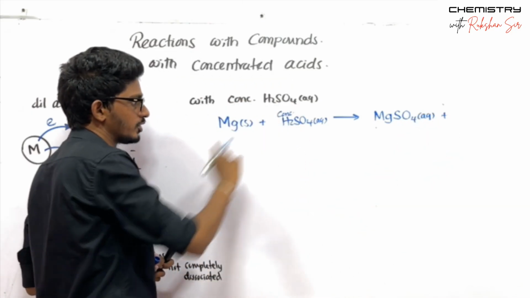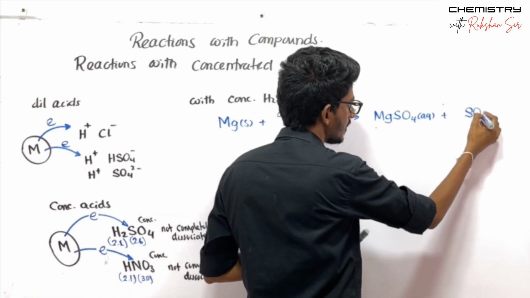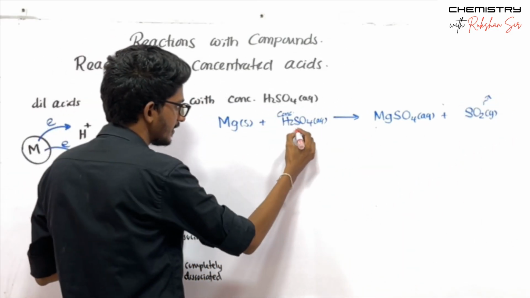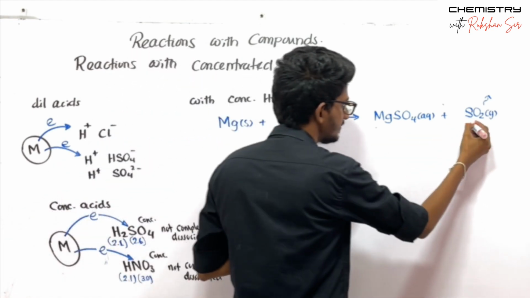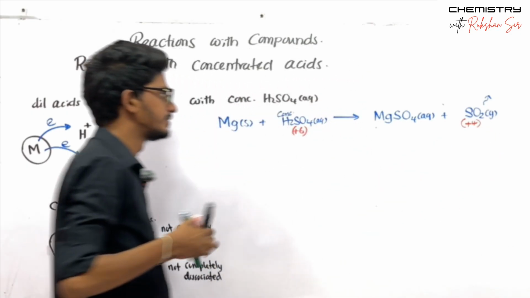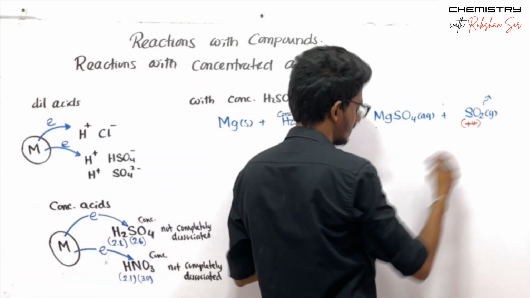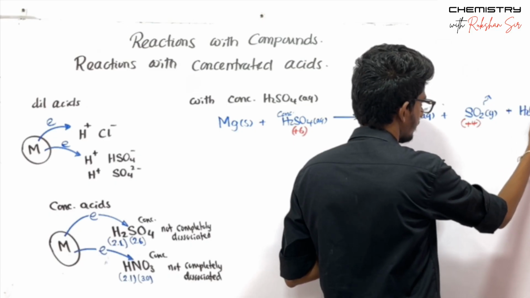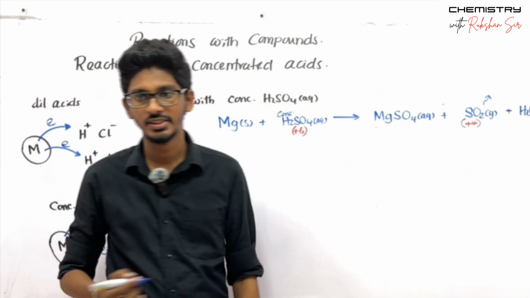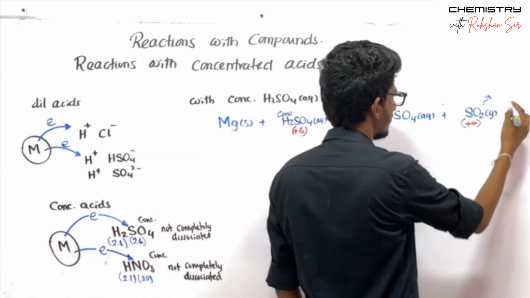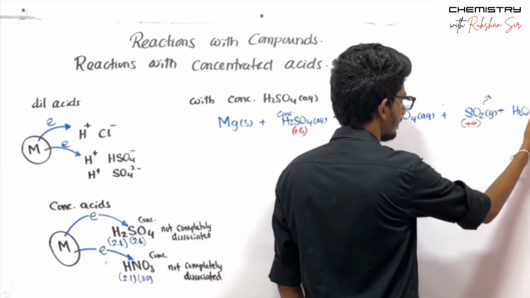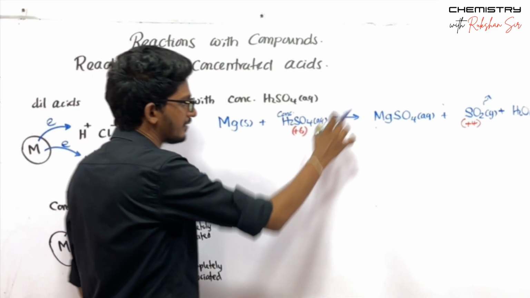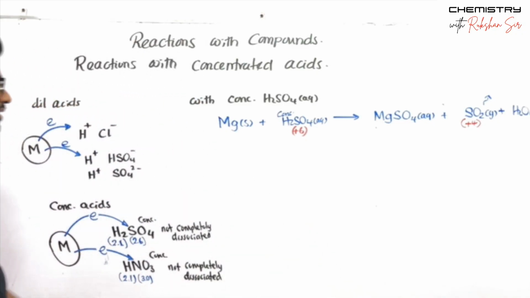And sulfur from H2SO4 gets reduced to SO2 gas. It's very important to note that the sulfur is the one to get reduced here, not the hydrogen. And to balance redox reactions, normally you need some water, if your oxidizing agent or reducing agent contains oxygen.